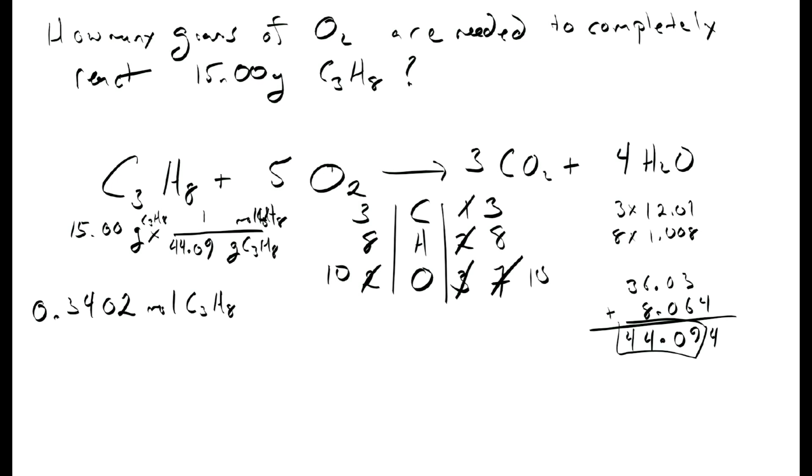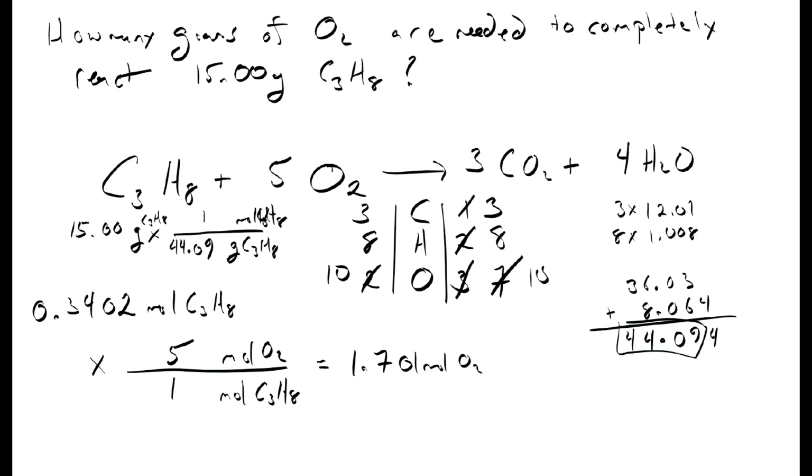So, times where we're going to goes on top, where we're coming from goes on bottom. So moles of propane. And this is just the coefficients taken directly out of the reaction. 5 and 1. 1.701 moles of oxygen. We're almost done.